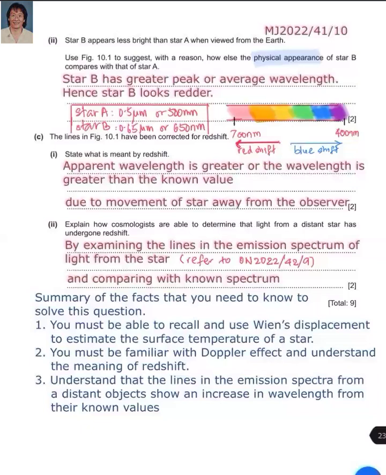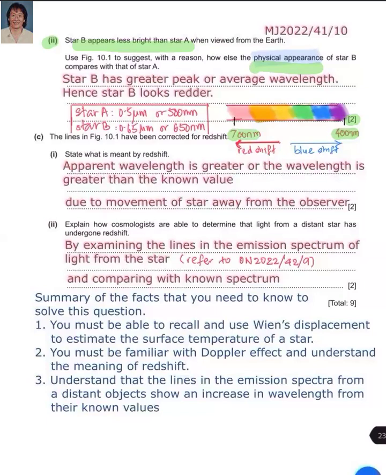Part 2. Star B appears less bright than star A when viewed from the Earth. Use figure 10.1 to suggest a reason. How else does the physical appearance of star B compare with that of star A? The emphasis is on physical appearance. To answer this question, which carries 2 marks, you need to know that the wavelength for violet light is 400 nanometer and the wavelength for red light is 700 nanometer.